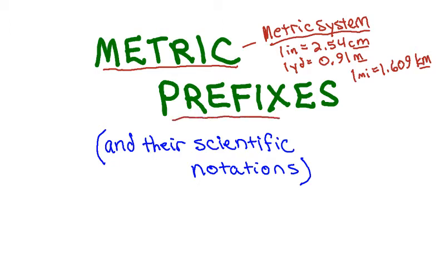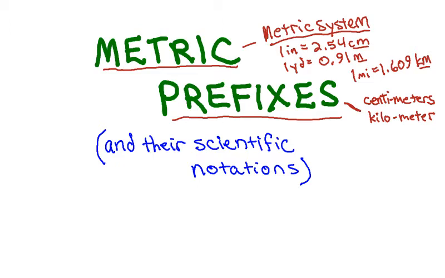Now prefixes are just that, the prefixes that go before the metric system. So if the metric system is in meters, then prefixes could be centi for centimeter, kilo for kilometer, and so on.